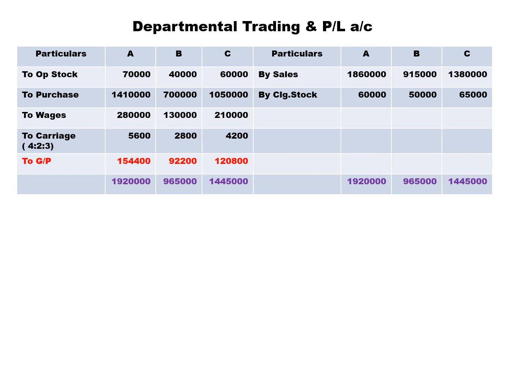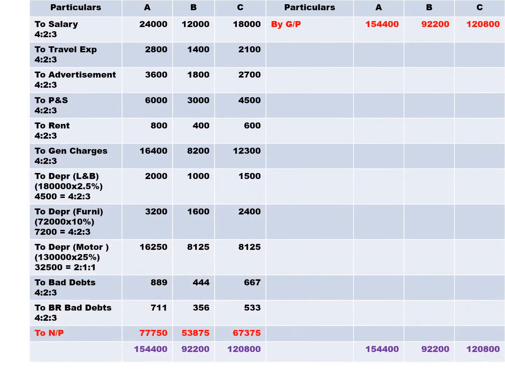Let us see the P&L account. So bring down the gross profit, students. All expenses are distributed in 4:2:3: salary, traveling expense, advertisement, printing and stationery, rent, general charges. Depreciation on land and building: the cost of land and building 1,80,000 into 2.5% gives depreciation of 4,500.